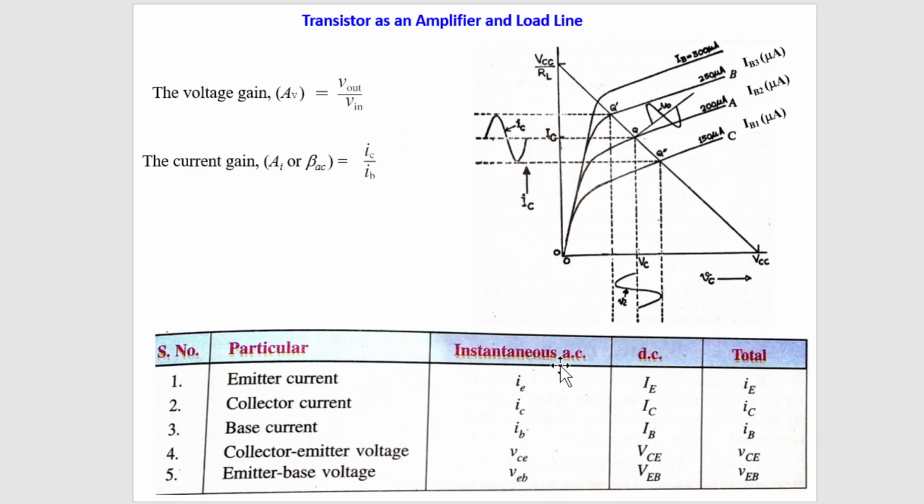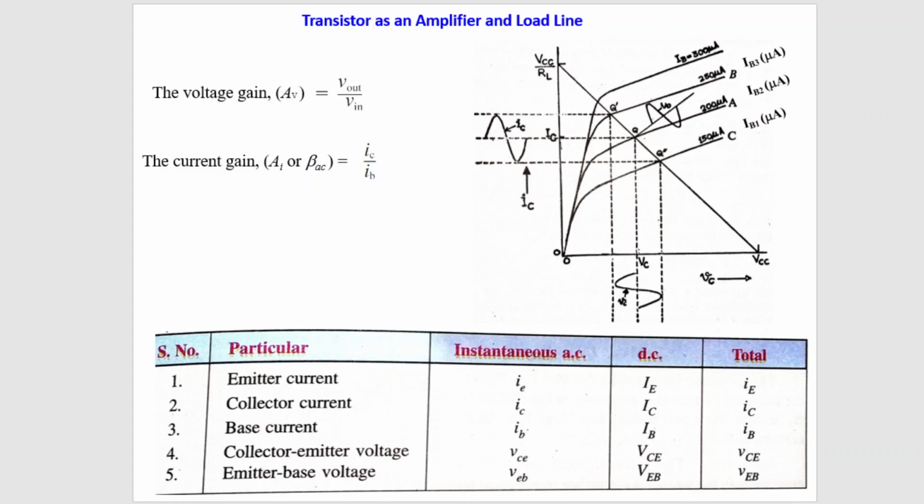When we superimpose, that is, when we apply an input AC signal and use the transistor as an amplifier, the total signal will be denoted as small i capital E, small i capital C, small i capital B, small v capital CE, small v capital EB.